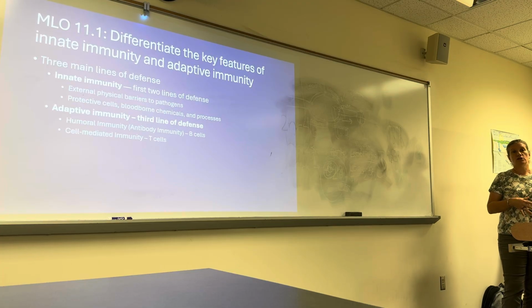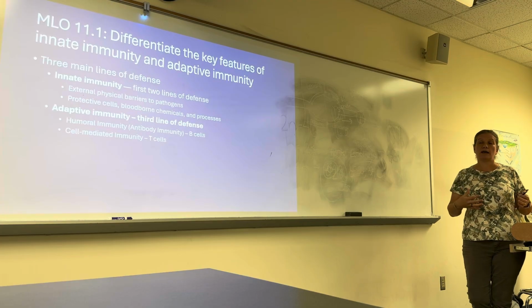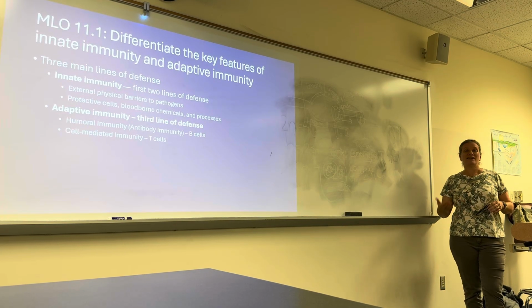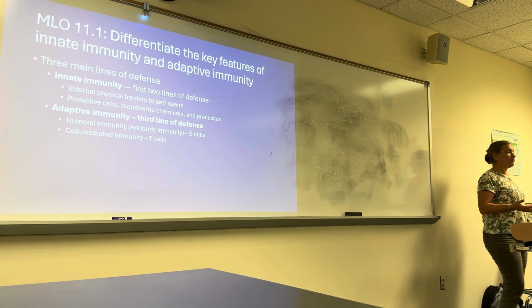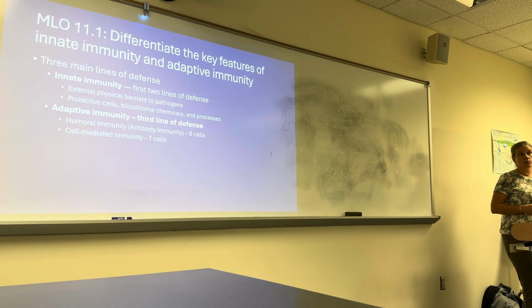So your first involvement with that particular pathogen, exposure to that pathogen, might be a delayed response, but on secondary interactions or any interactions after that first, you will have a stronger and quicker response due to that memory that does exist for that third line of defense.